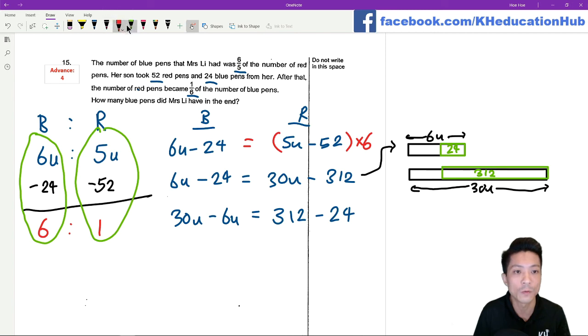So if you compare this part here, this red part here would be 30 units minus 6 units, which is also the same as 312 minus 24 over here.